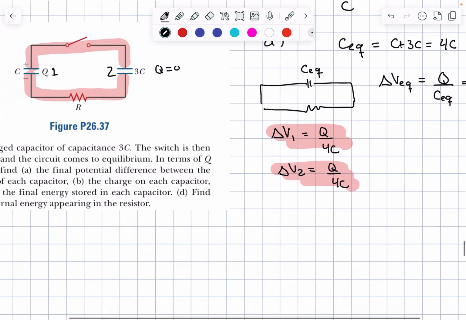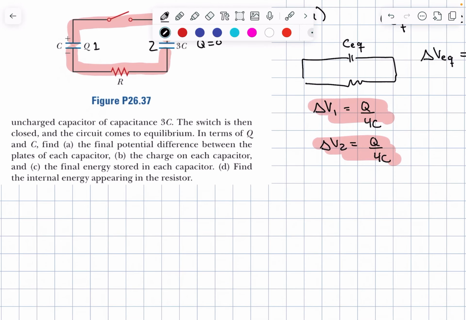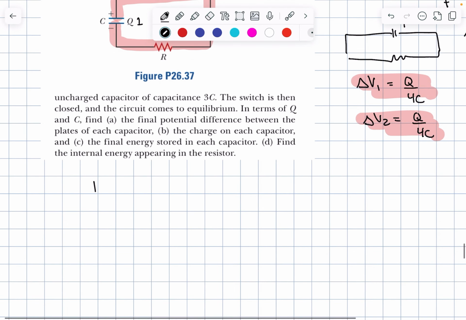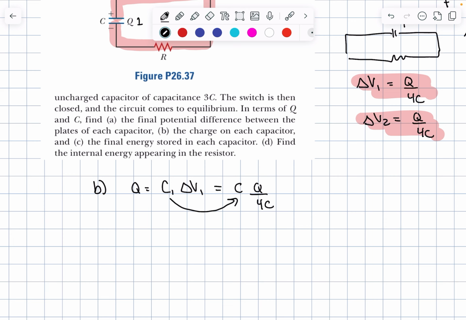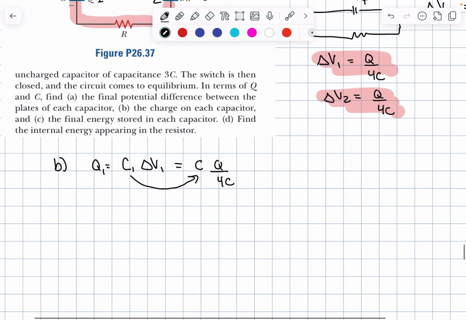Now B says, what is the charge on each of the capacitors? So for B, we know that Q1 is going to be equal to C1 delta V1, and that's going to be equal to C times Q divided by 4C, because the capacitance on number 1 is just C. And then Q2 is C2 delta V2, which is equal to 3C, since it has triple the capacitance, times Q divided by 4C.